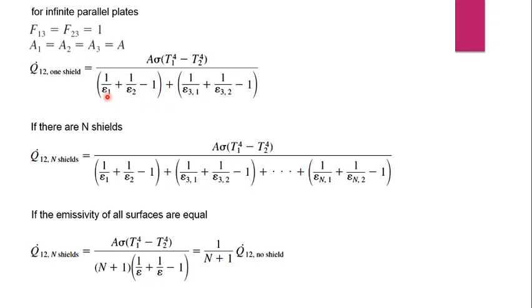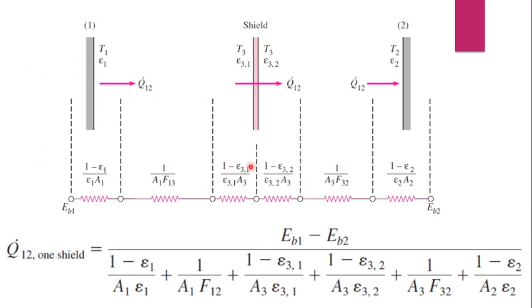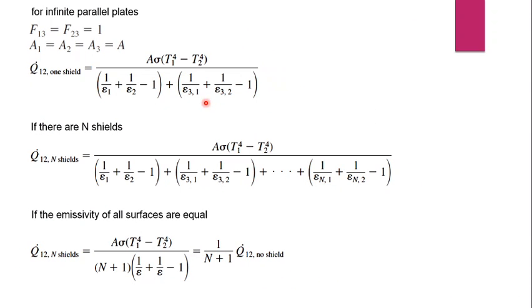So what is epsilon 1? Epsilon 1 is the emissivity of surface 1, this surface. Epsilon 2 is the emissivity of this surface. Epsilon 31 is the emissivity of shield toward left. Epsilon 32 is the emissivity of shield toward right. Okay, so epsilon 1, epsilon 2, and this expression is separate, and they kept this expression separate.